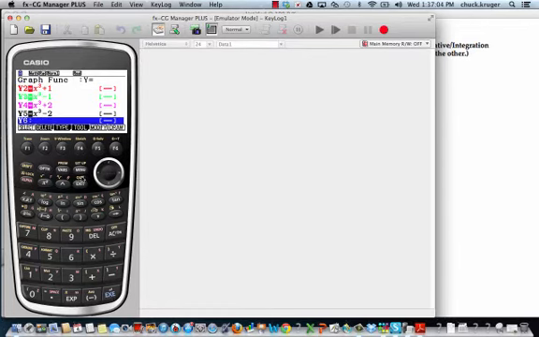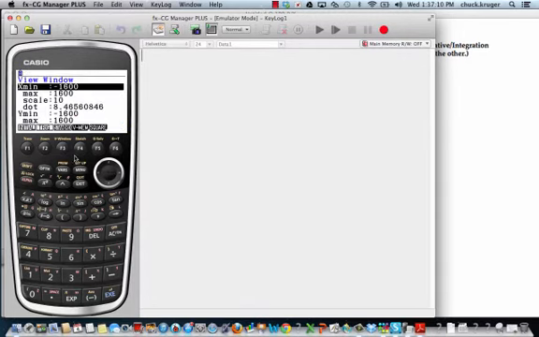Then I'm going to graph these, and I need to make sure my window is the way I want it, which is the standard window.